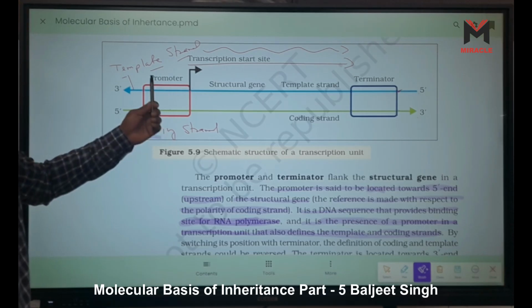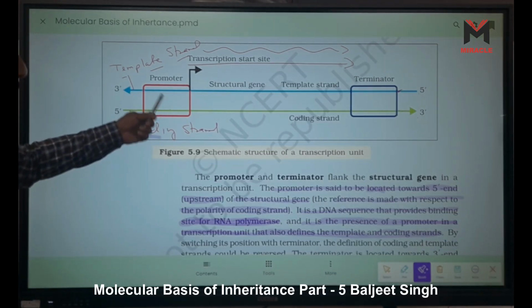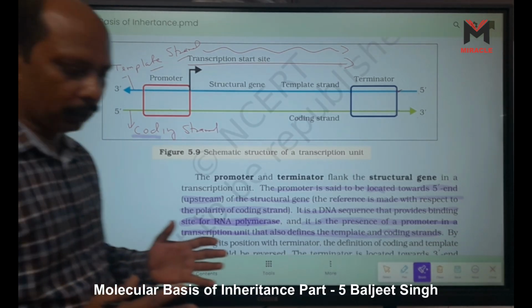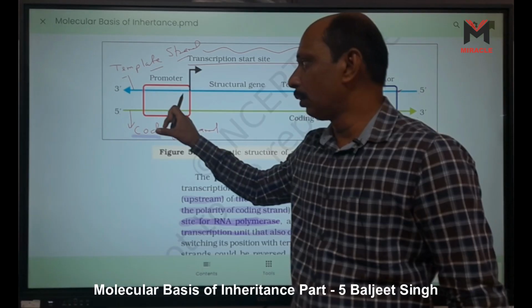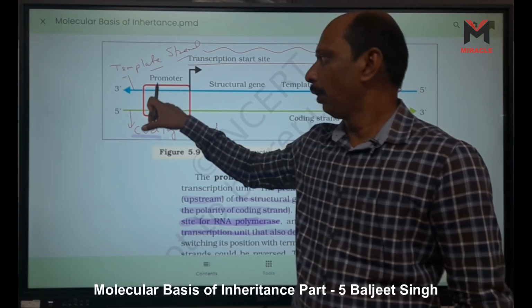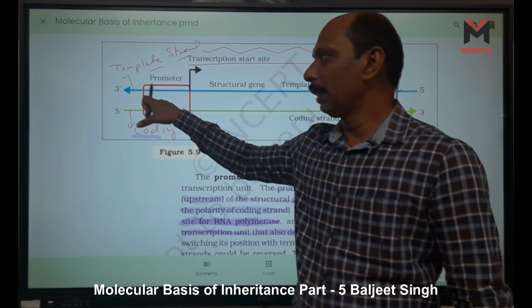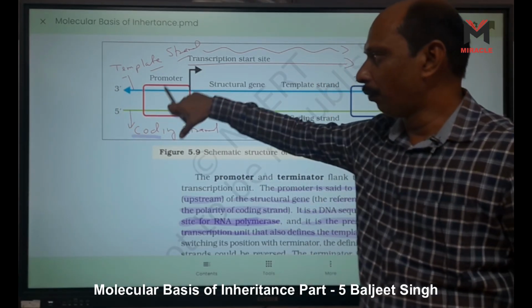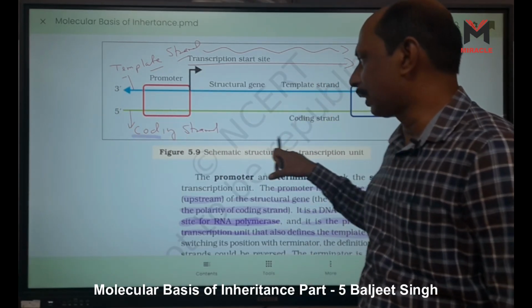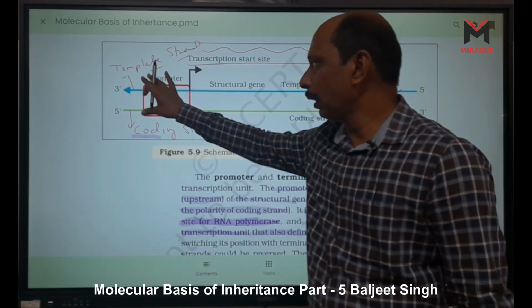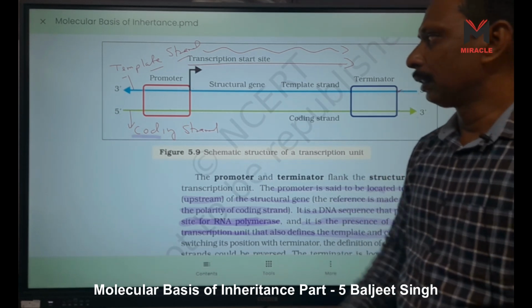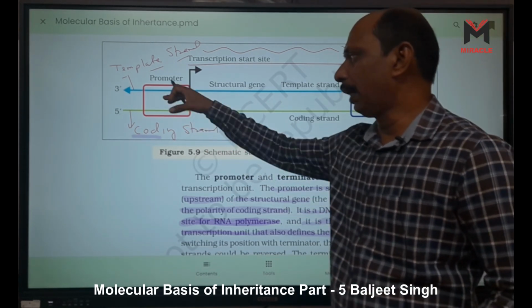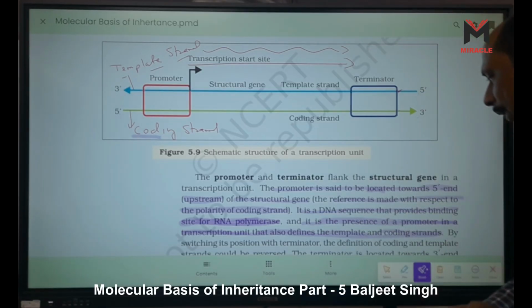It defines which one is the coding strand and which one is the template strand. At the site where the promoter is present, the template strand is 3 dash, but the coding strand is 5 dash. So the presence of the promoter is responsible for defining which one is template and which one is coding strand.